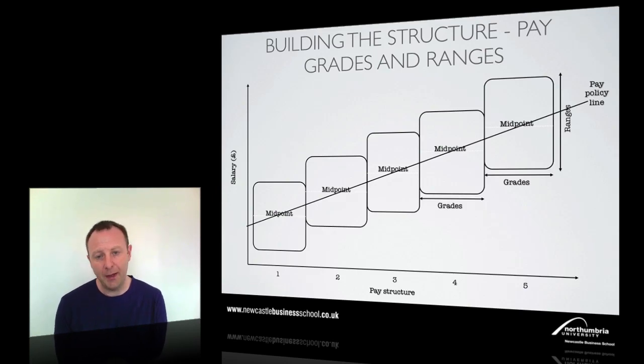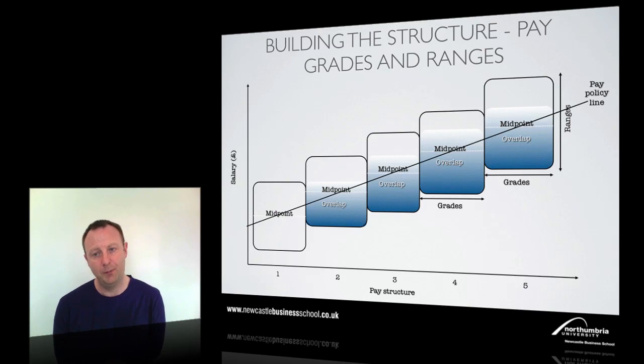And the key way to think about the impact of these design choices is to consider the extent of overlap between one grade and the next. So the overlap is determined by the top of one grade and the bottom of the next grade. And the extent of overlap indicates the extent of hierarchy within your structure. So if there's very little overlap, you tend to have a very hierarchical scheme.